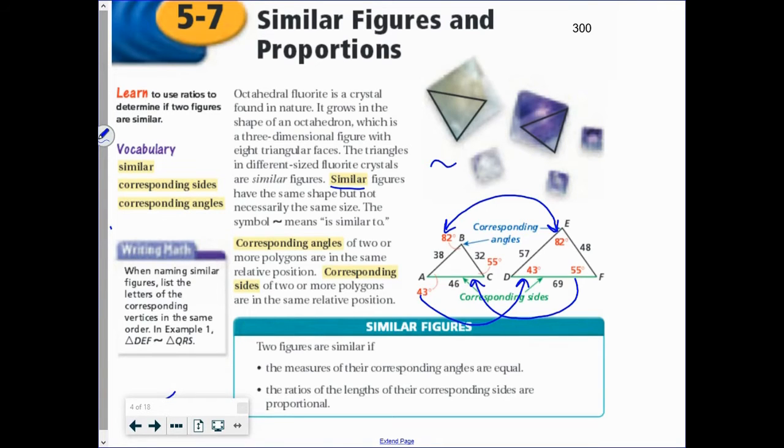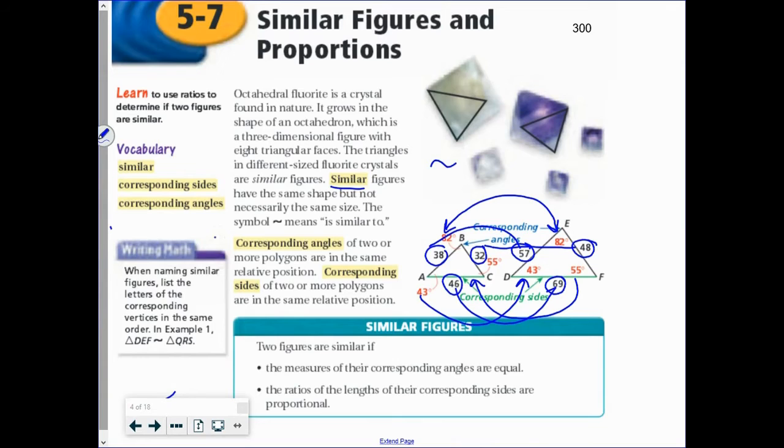Corresponding sides mean I'm going to compare the smallest side to the smallest side, in this case 32 to 48, the medium-sized side to the medium-sized side, and that would be 38 compared to 57, and the largest side 46 to the largest side 69. So when I compare corresponding sides, I want to compare smallest to smallest, medium to medium, largest to largest, and the same is true with angles.